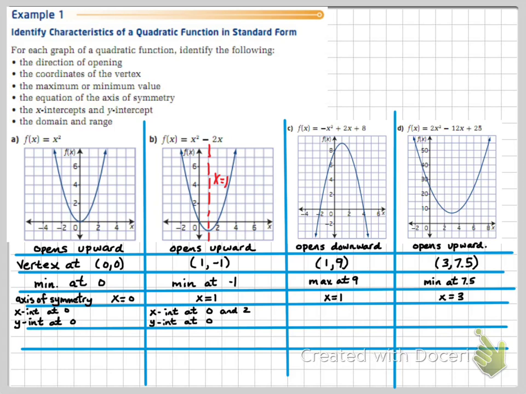That's where it cuts across the y-axis. In the next one, we have x-intercepts at negative 2 and positive 4, and a y-intercept at positive 8. The last one has no x-intercepts, and it has a y-intercept at positive 25.